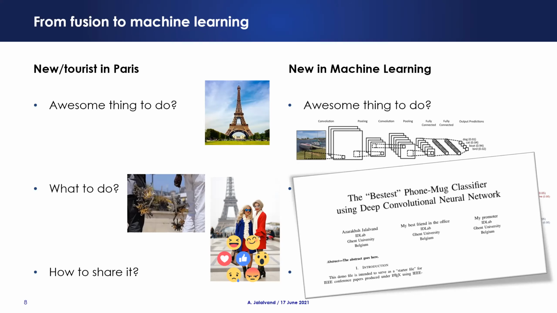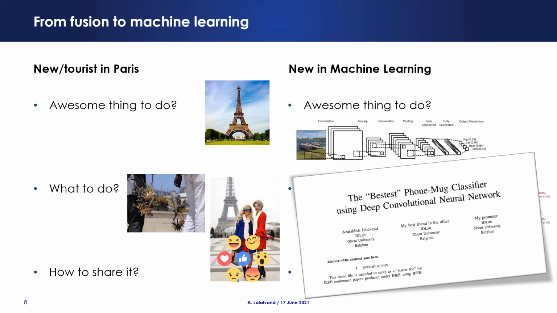But you know, if you really want to feel the soul of Paris, you should go to these hidden corners, or like these cafes in the back street. This is where you see the real Paris. That's the same here in machine learning.